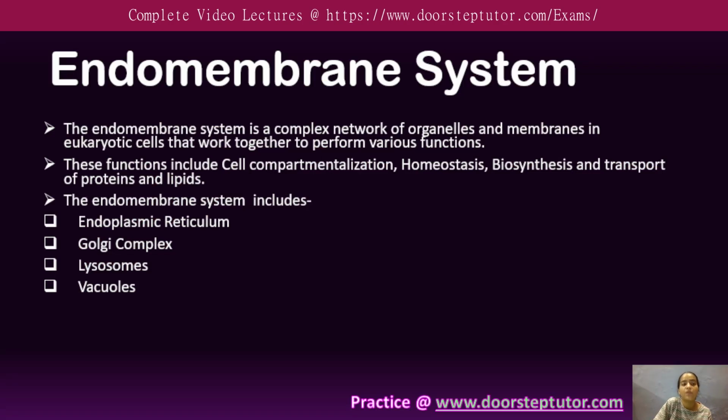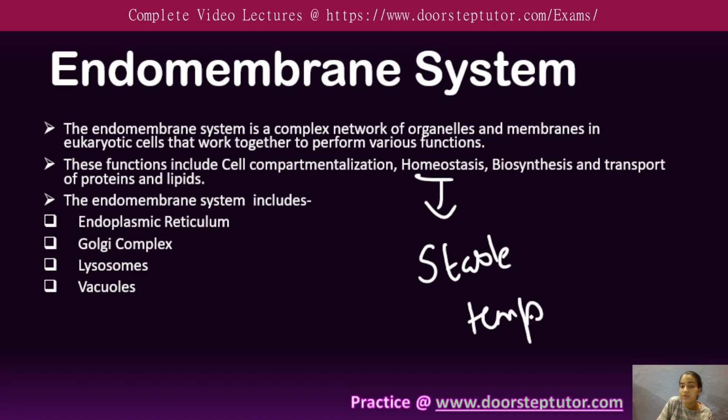Now here the endomembrane system is given. In the case of the endomembrane system, some organelles work in a coordinated way. That's why they are included in the endomembrane system, as their function is basically cell compartmentalization. Their function is to do homeostasis. What does homeostasis mean? To maintain a stable temperature. That is homeostasis.